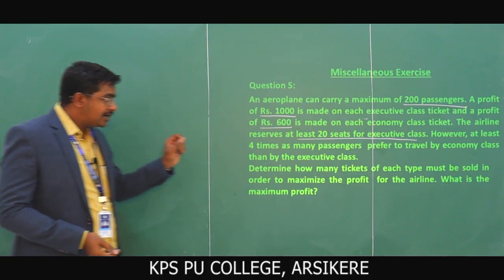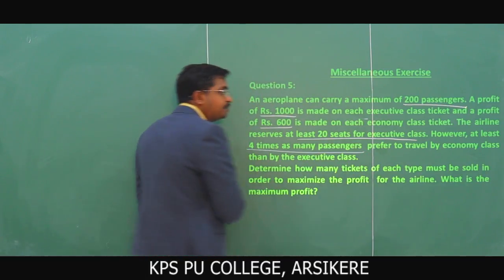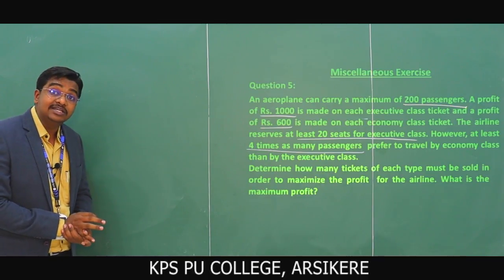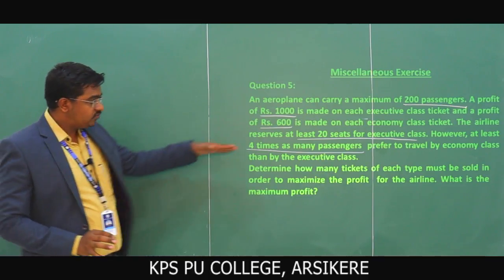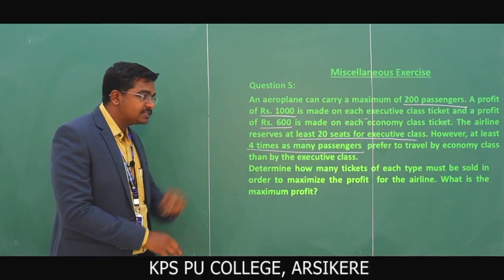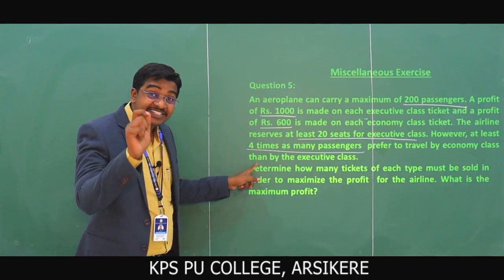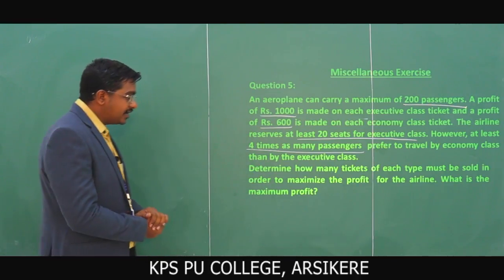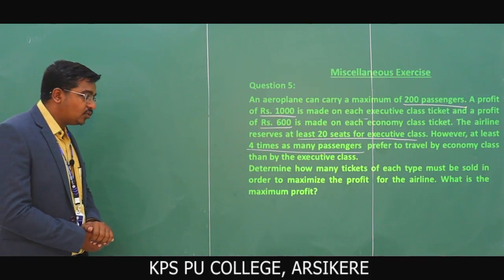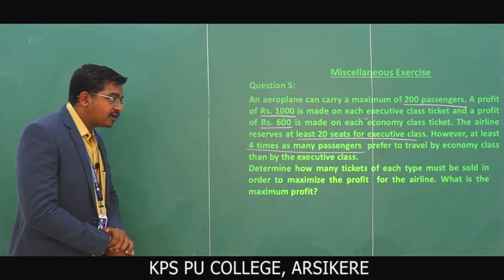However, at least 4 times as many passengers prefer to travel by economy class than by executive class. This is very important, right? Determine how many tickets of each type must be sold in order to maximize the profit for the airlines.